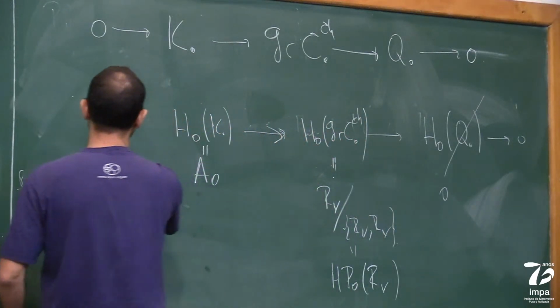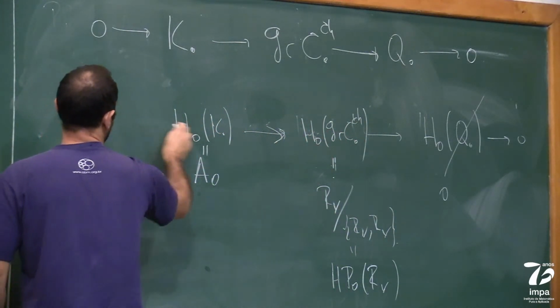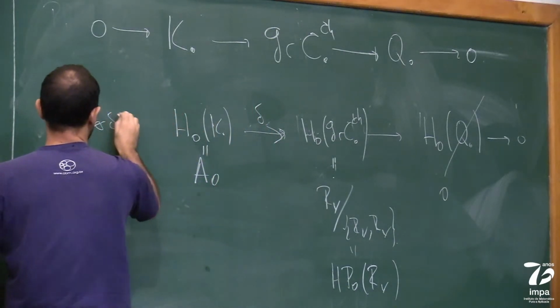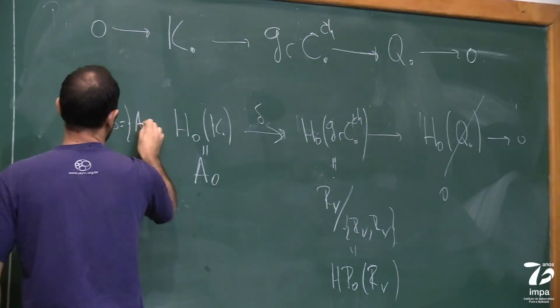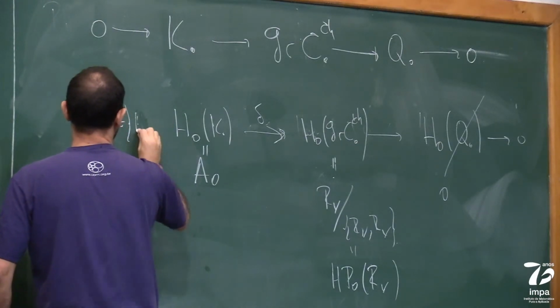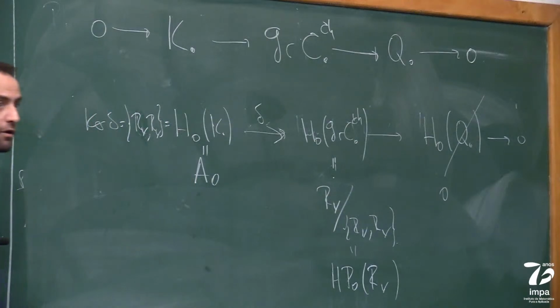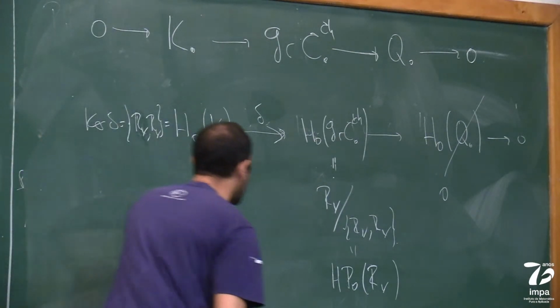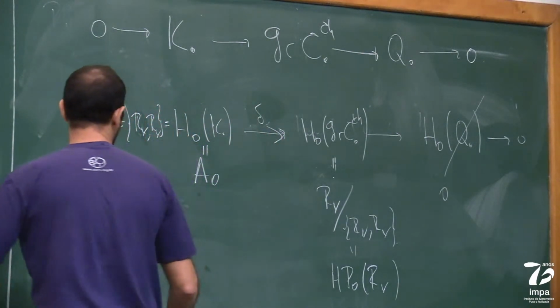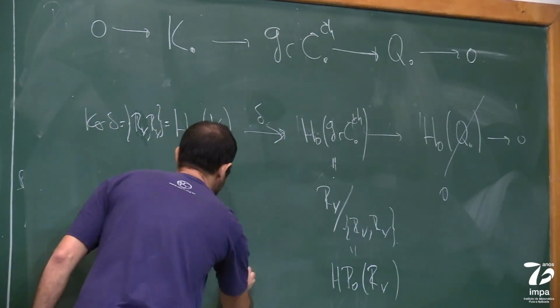And the kernel of this map delta is equal to the Poisson bracket of A0 with A0, which is RV with RV, the derived algebra of RV. That's the kernel of that map. So let's continue with the long exact sequence. I have an H1 now.